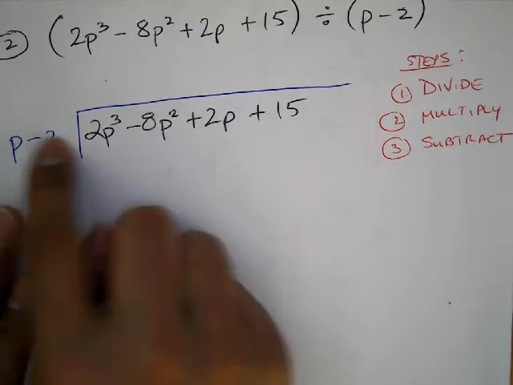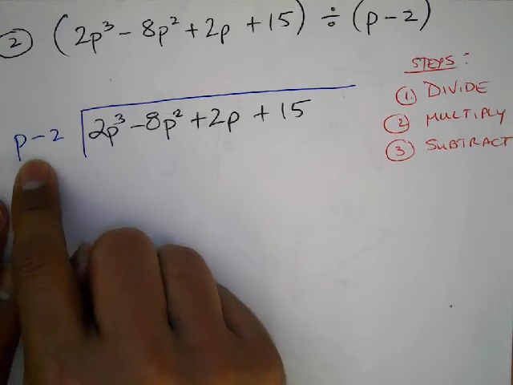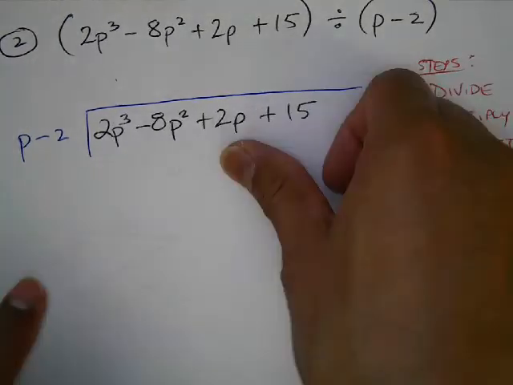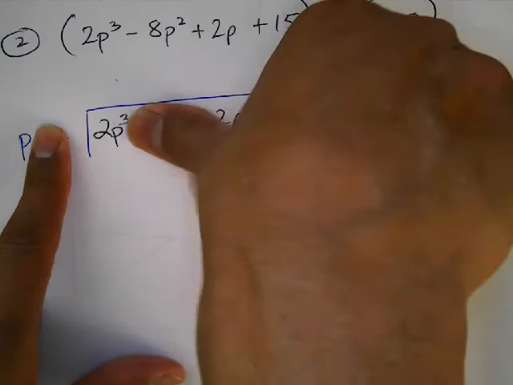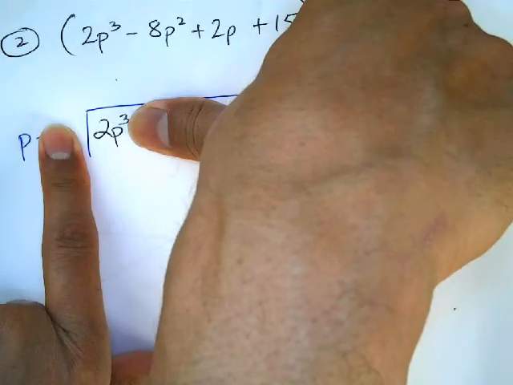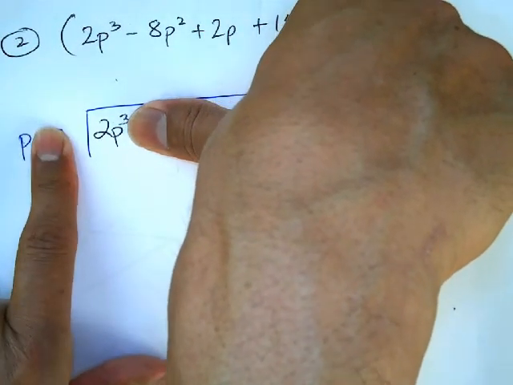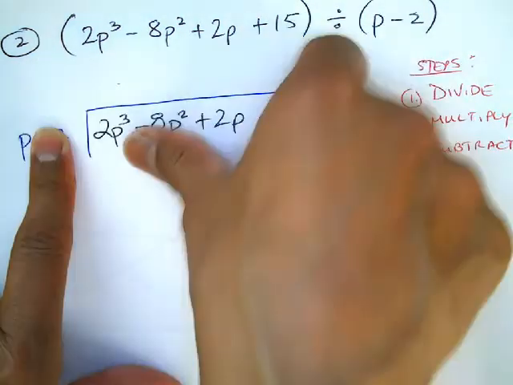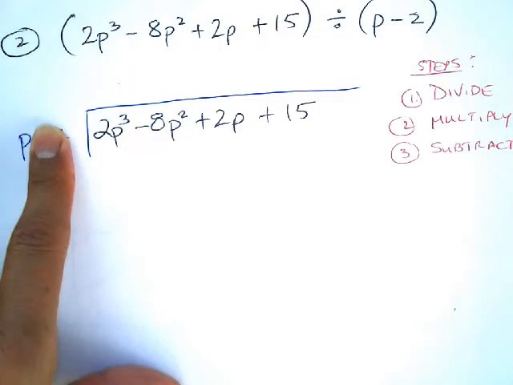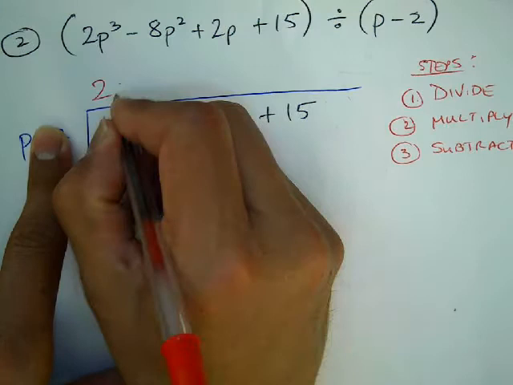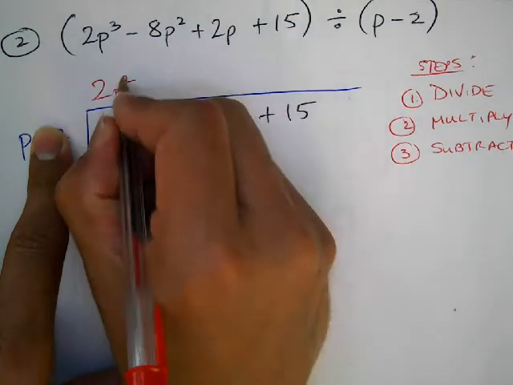So again, when you have a binomial or even a trinomial, which we'll see later, you cover that. You only look at the first term and the first term and just focus in there. Divide. P, what do I need to multiply to this p to get to the 2p cubed? Well, that would be 2p squared.